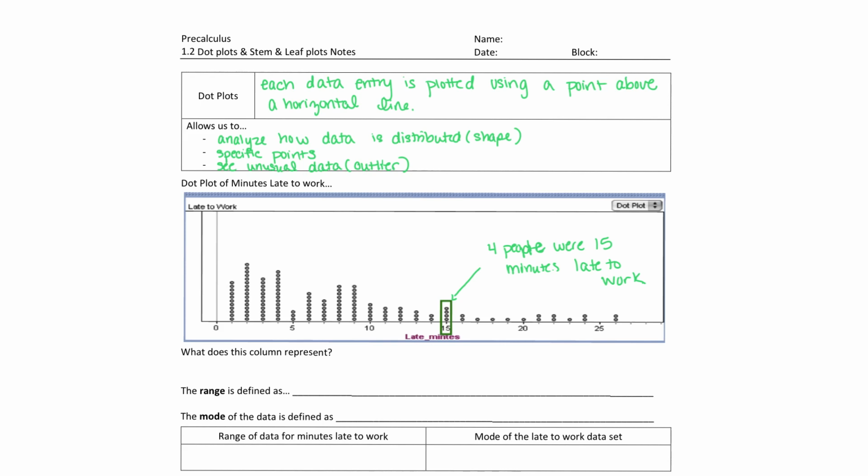If you look at a different column, you would see how many people were late to work for other minutes. If I was to ask where is the highest column, let's take a look. It looks like right here. So it was most popular to be 2 minutes late to work.